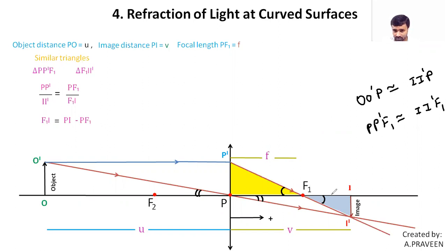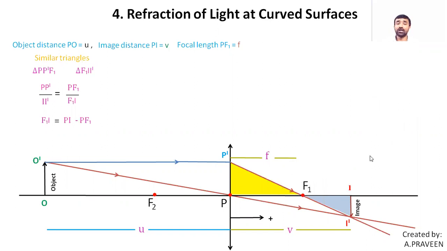I know up to this point, I know up to this distance. At the bottom you can see them. I know PI, I know PF1, but I don't know F1I. So from known values, I am finding the unknown value.